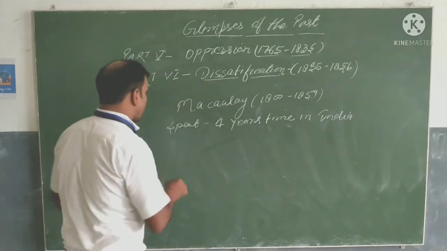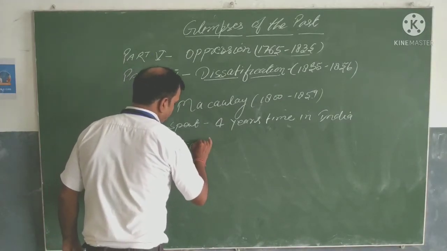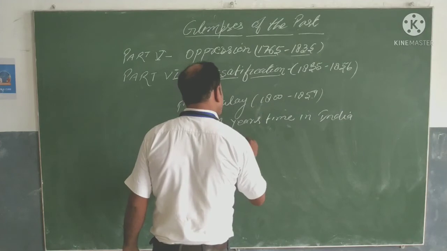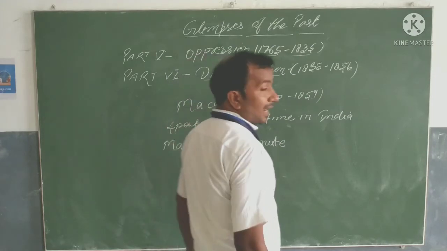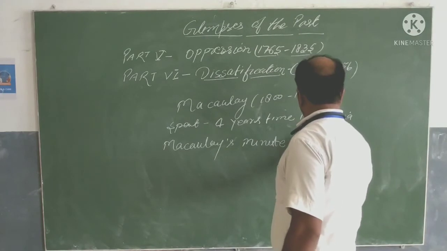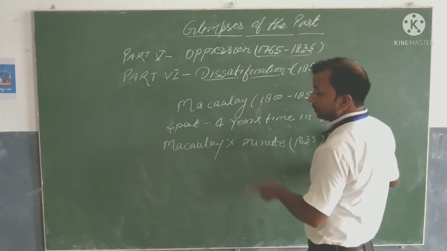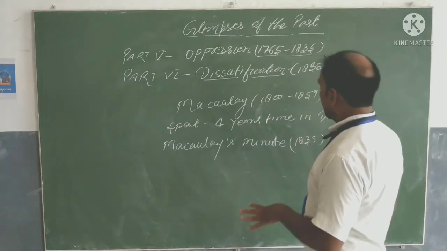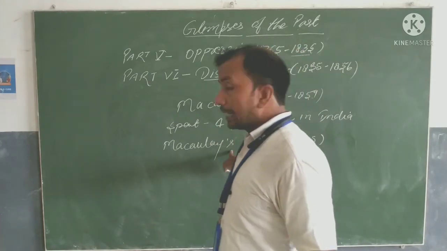The name of that letter was Macaulay's Minute. It was written in 1835. In 1835, he made the British aware that India and Indians should be made aware of a new language, and that language would be English.